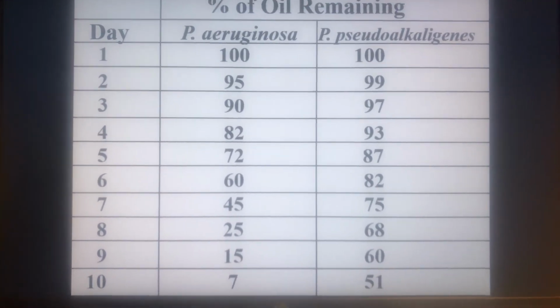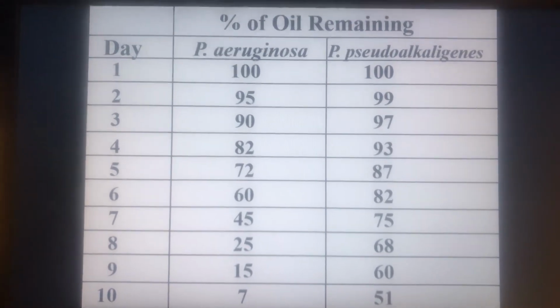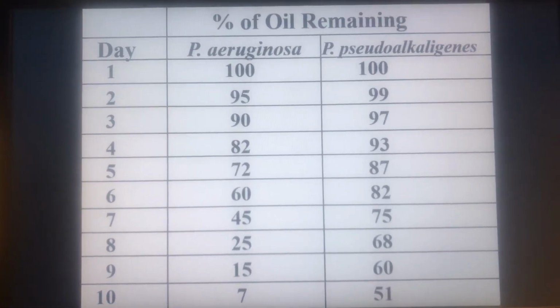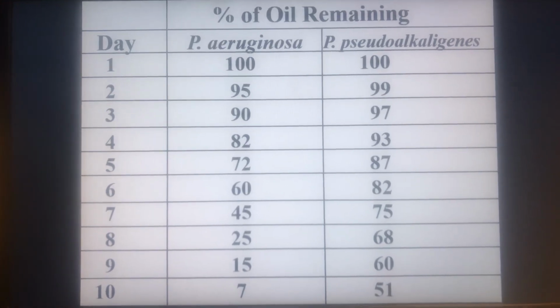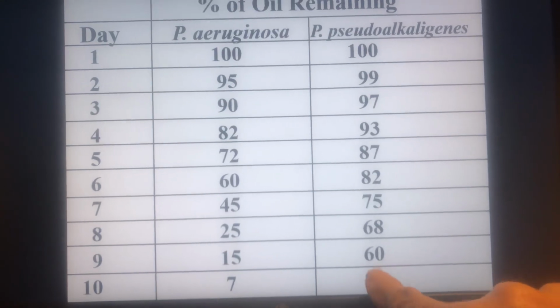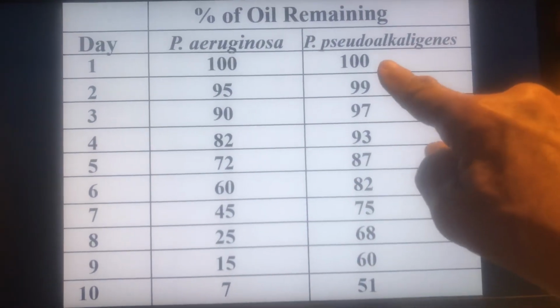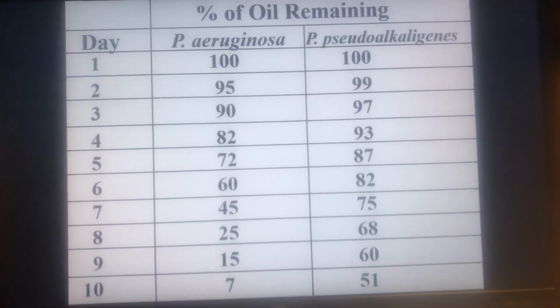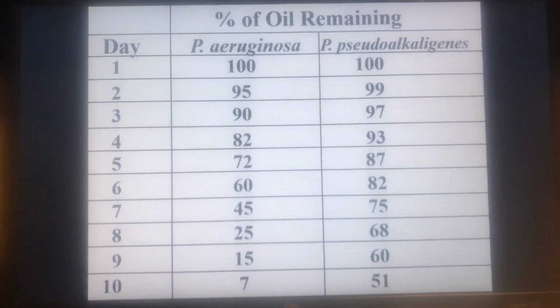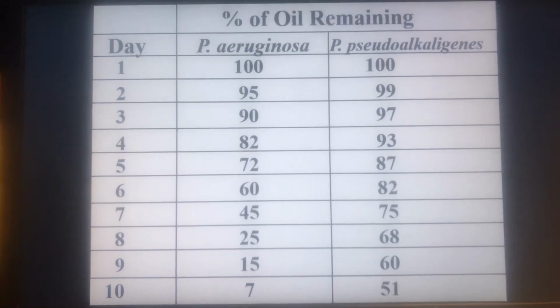The PA bacteria has much better results. On day 10, only 7% of the oil is remaining in that soil, whereas the other one, 51%, is still remaining. So this would be the bacteria we would want to use, right? Pretty nice chart that shows exactly the results of what happened in the experiment.